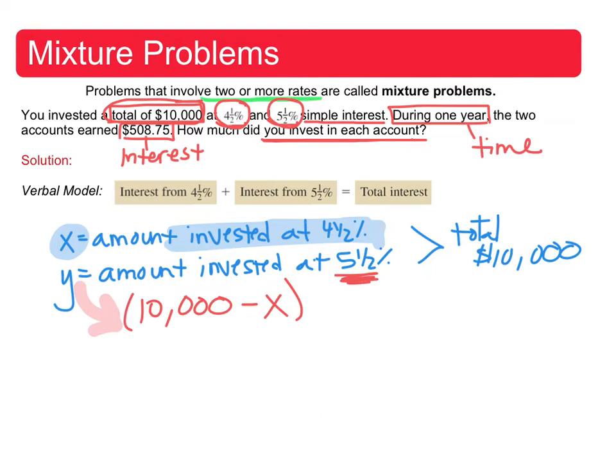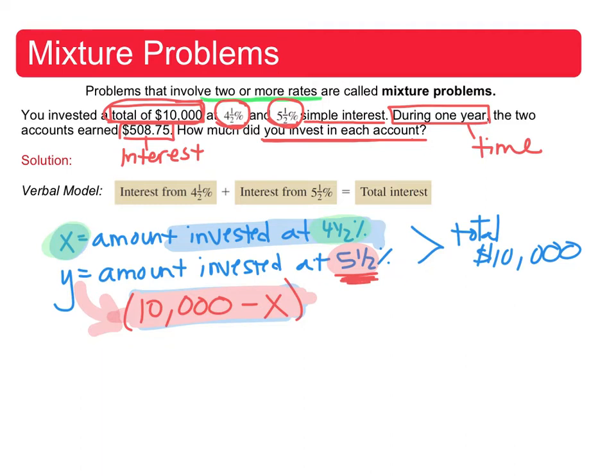So we can create two expressions in terms of X. Our 4.5% is X, and our 5.5% is 10,000 minus X. So those are both now in terms of X, which makes our equation nicer and easier to solve.